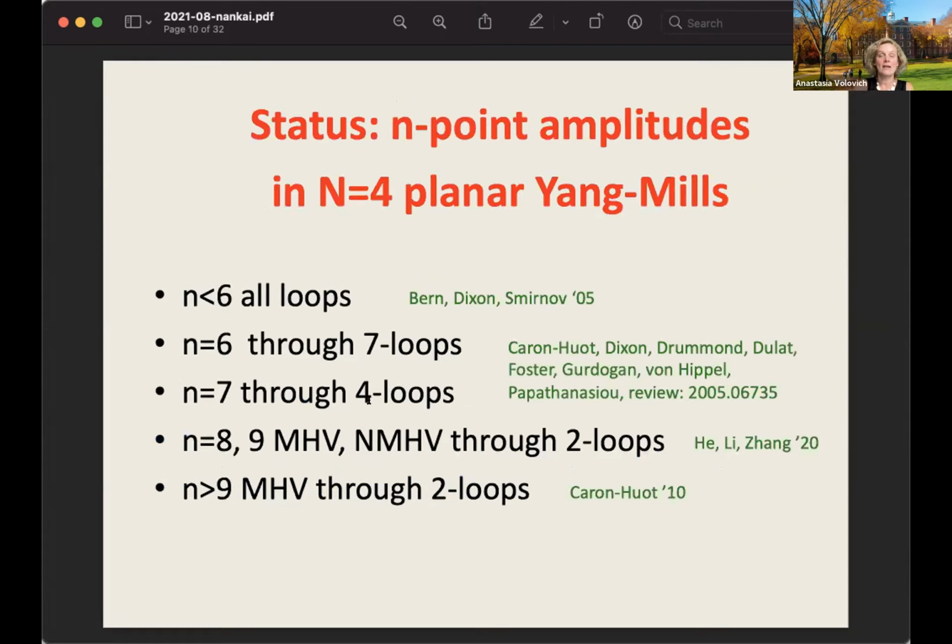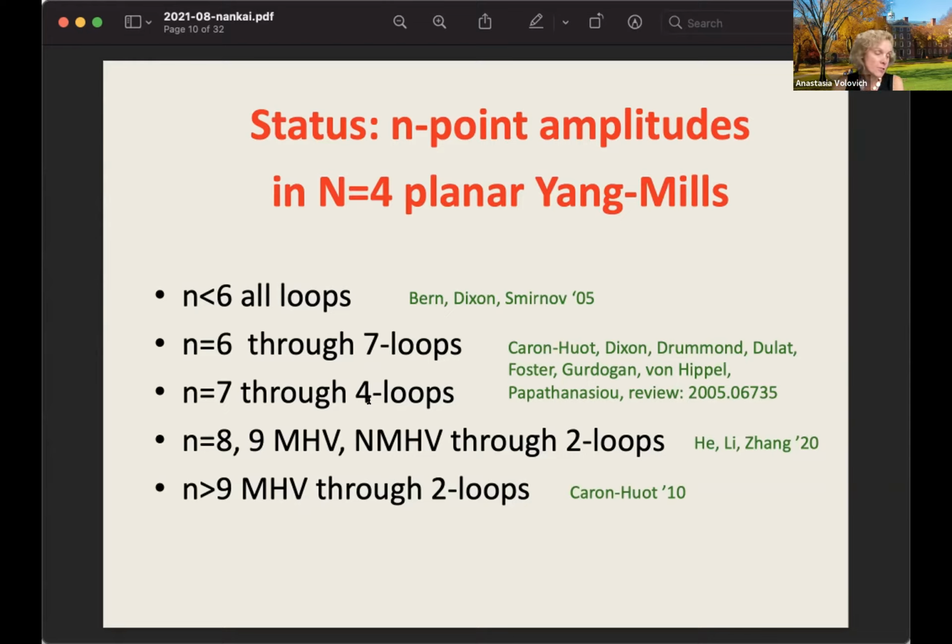Okay, so what's the status of these amplitudes? We'll be looking at the n-point amplitudes in this theory. And so I start here at 6 points. At 4 and 5 point amplitudes, these are known to all loop orders.